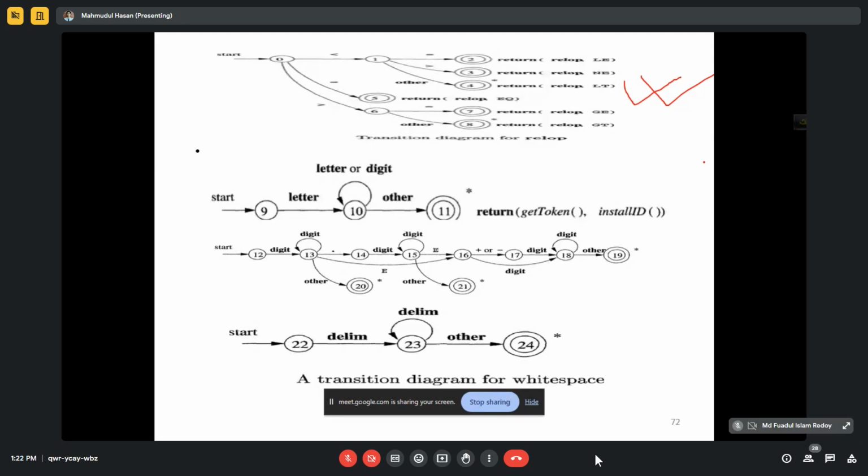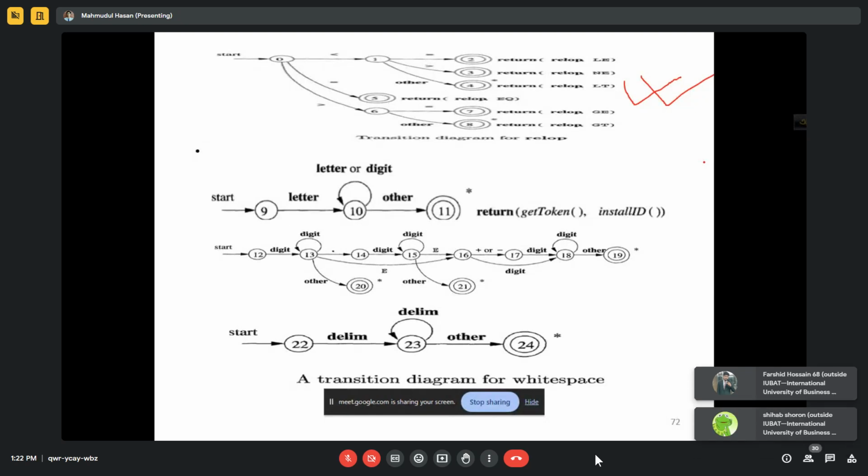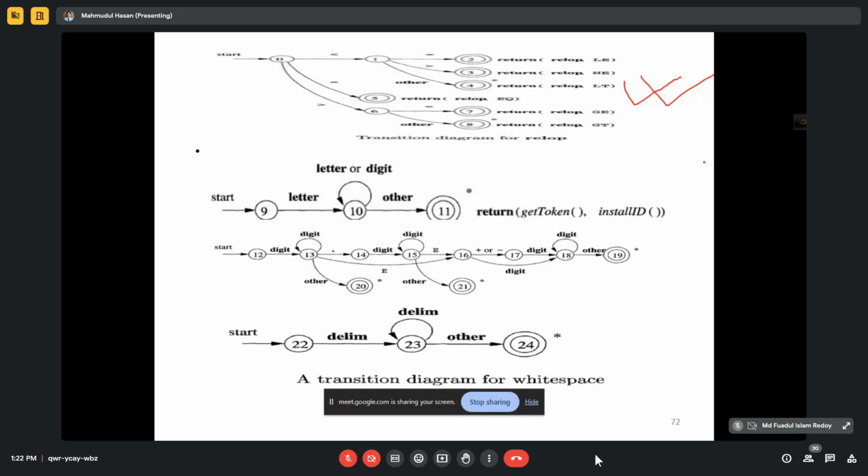In this code, if in case 0, if C equals less than, then state 1. What does state 1 mean here? That means when at state 0, when it gets less than, then it will go to state 1.